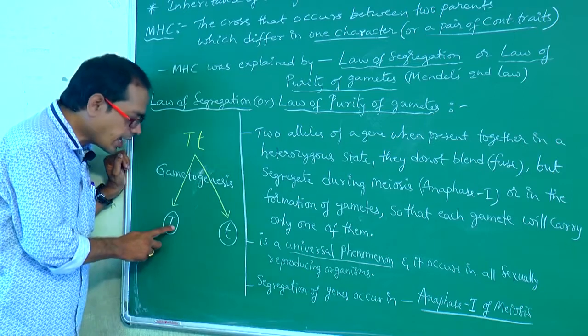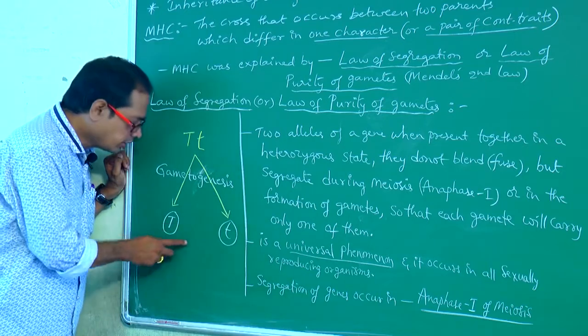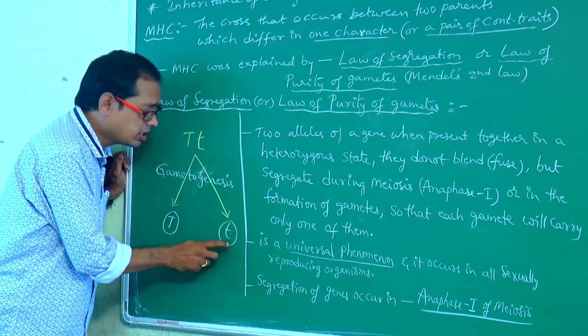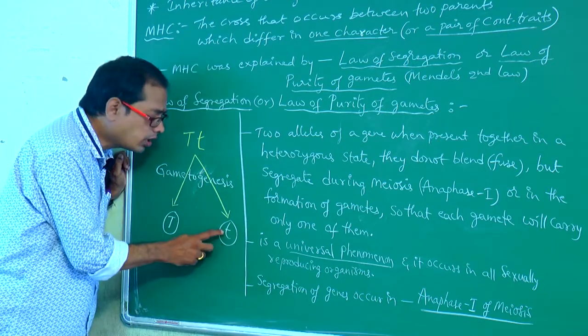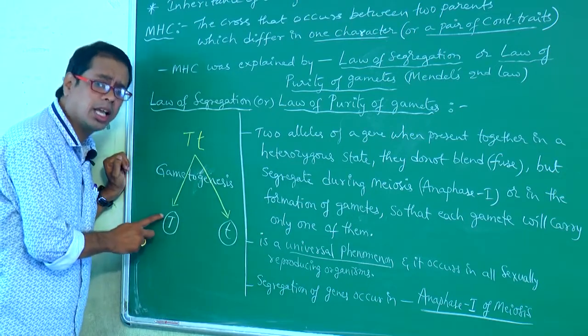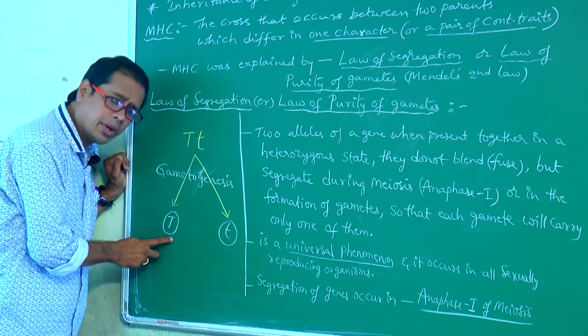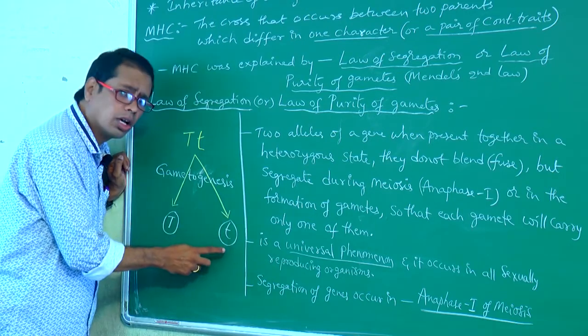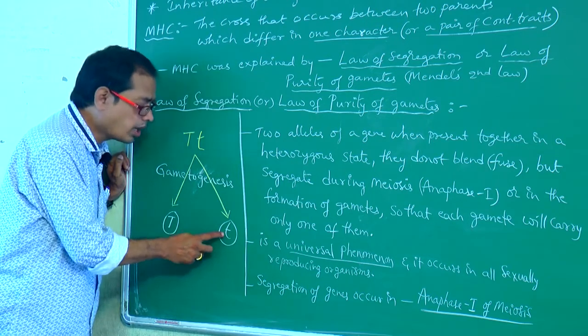That means one gamete is having how many alleles? This whole thing is called gamete. This gamete contains small t allele. This gamete contains capital T allele. So one gamete contains one allele. This also gamete contains one allele.